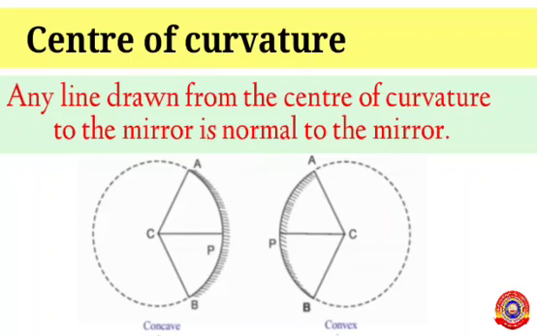Here, CA is a line which is drawn perpendicular to the reflecting surface. CP is another line which is also perpendicular to the mirror. And CB is also perpendicular to the reflecting surface of the mirror. So we can say any line drawn from the center of curvature to the mirror is normal to the mirror.